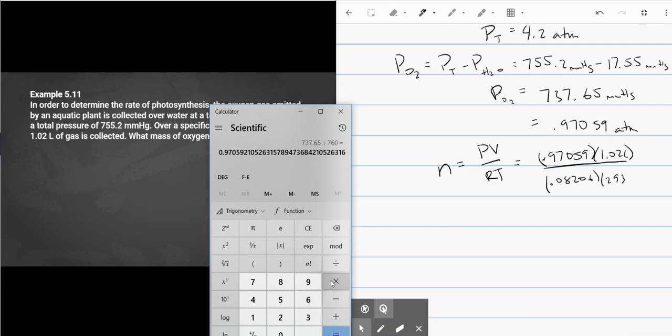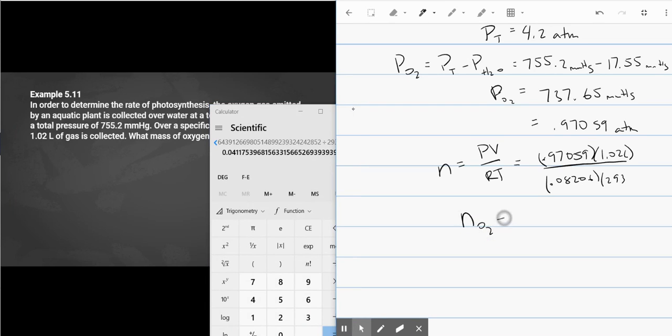So we have this value times our 1.02, equals, we're going to divide that by 0.08206, equals, and divide by 293, equals, so the number of moles of O2 is 0.41175 moles, but it asked us for grams, so we're going to go from moles to grams.